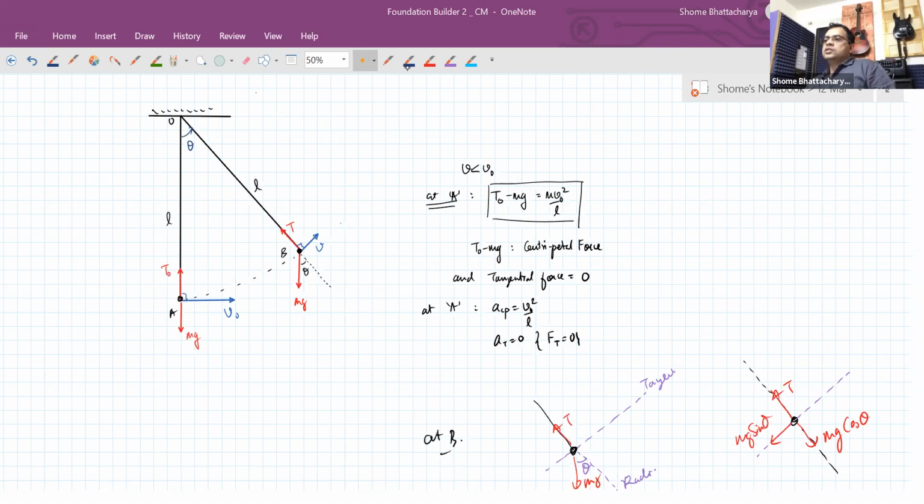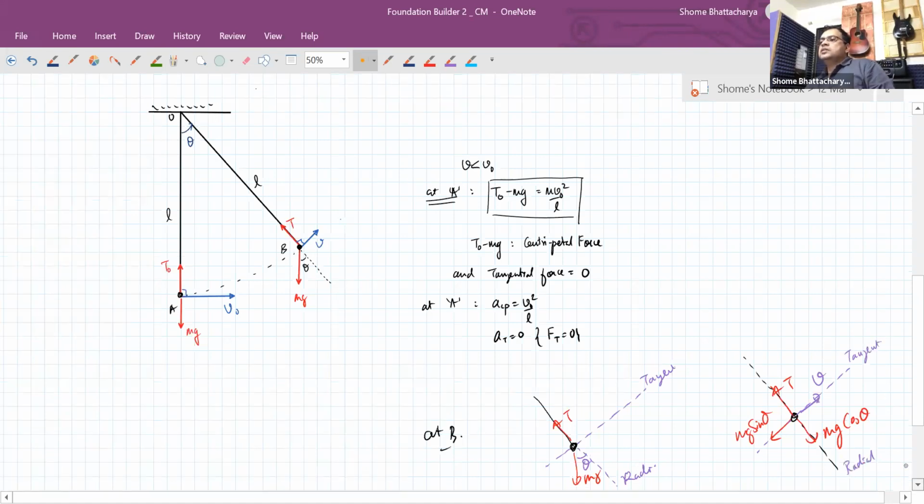So what's happening is in the next diagram we can see that by the time you reach any other position after B, there is this mg sin theta component that is acting in the direction opposite to the velocity. So it's creating tangential deceleration because this is the direction of the tangent and this is the direction of the radial line.